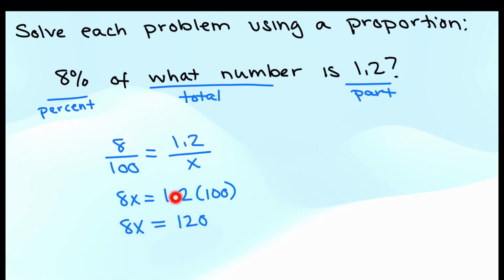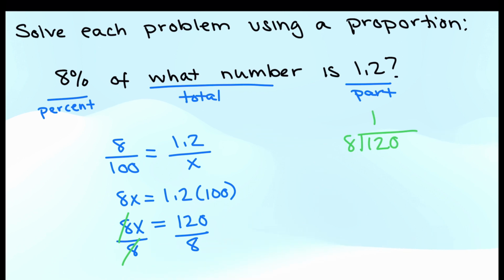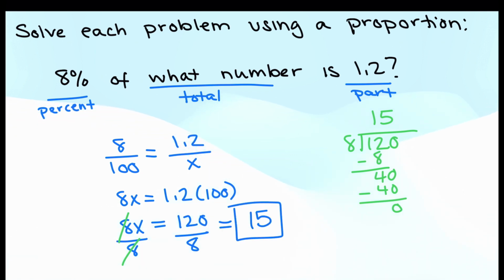Multiplied by 100, you move the decimal 2 places over. To solve for x, we have to divide by 8. So let's see, 8 goes into 12 once, with a remainder of 4. Bring down the 0. 8 goes into 40 exactly 5 times. So that is my answer. X is 15.